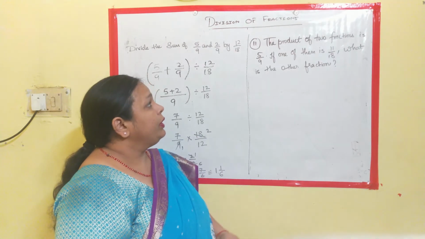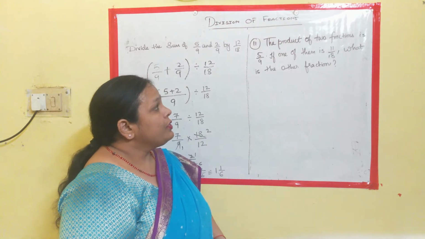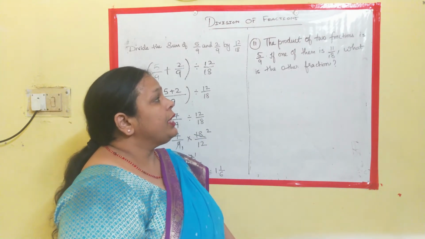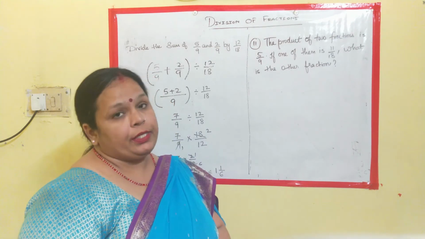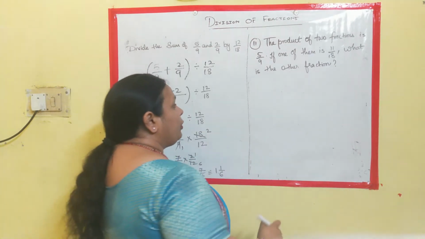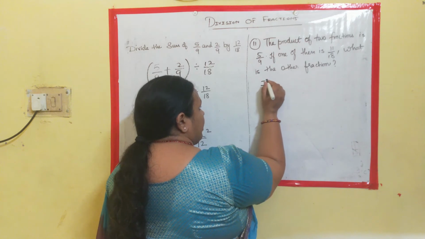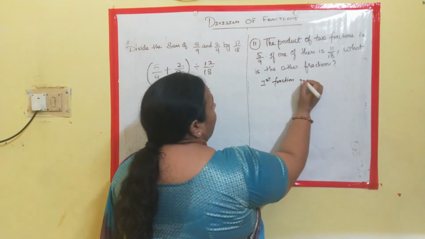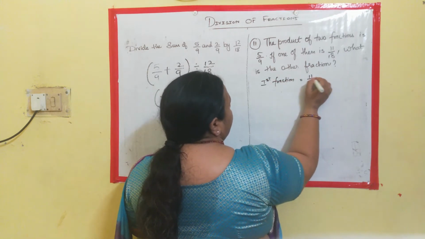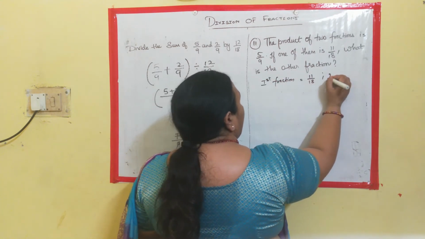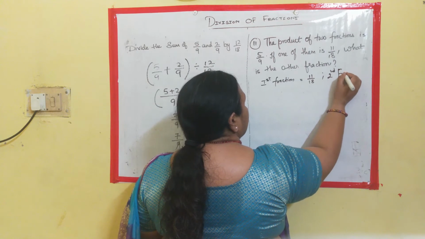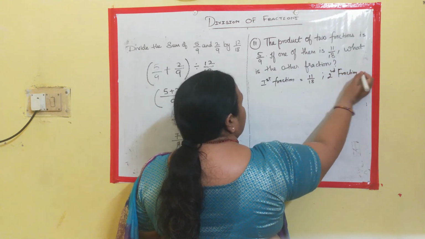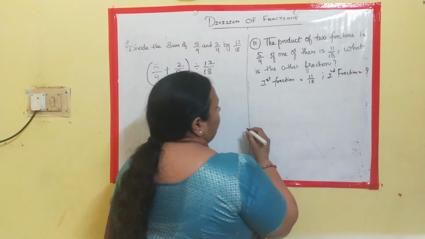The next example: the product of two fractions is 5 by 9. If one of them is 11 by 18, what is the other fraction? See, product of two fractions. The first fraction, you can take, is 11 by 18 and the second fraction is not known.